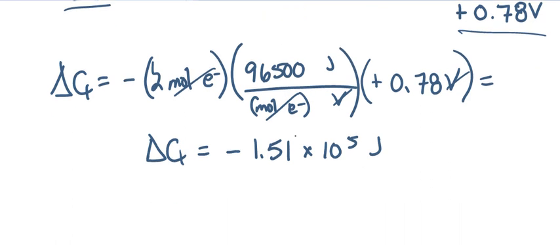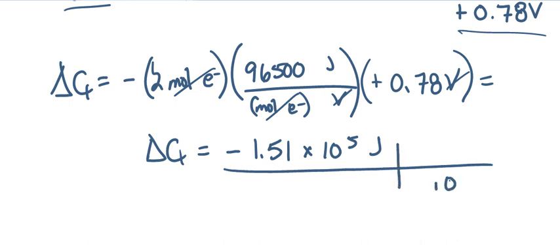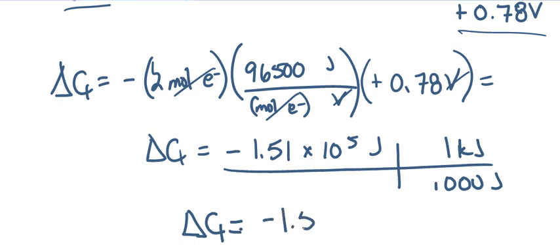Now, if we needed to convert that into kilojoules, make sure that we know that we are dividing by 1,000 joules to make 1 kilojoule. So if the question was asking for delta G in kilojoules, then it'd be negative 1.51 times 10 to the 2 kilojoules.